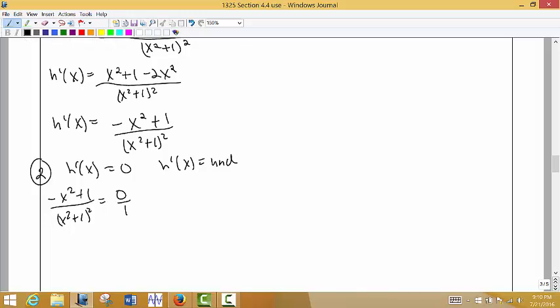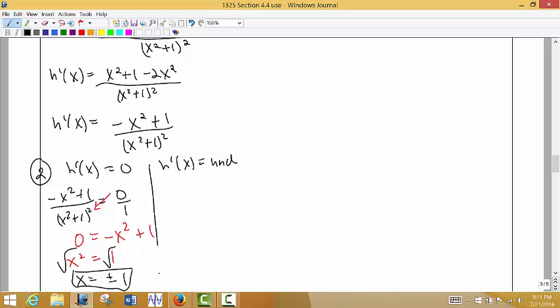So that means we're going to cross multiply. So 0 times that gives me 0, 1 times that gives me that. Okay, that's pretty nice. Pretty simple. Now we're going to bring the x squared over to the left side. It becomes a positive x squared. And then we're going to take the square root of both sides. And we want to make sure that we include both plus and minus 1 when we take that square root.